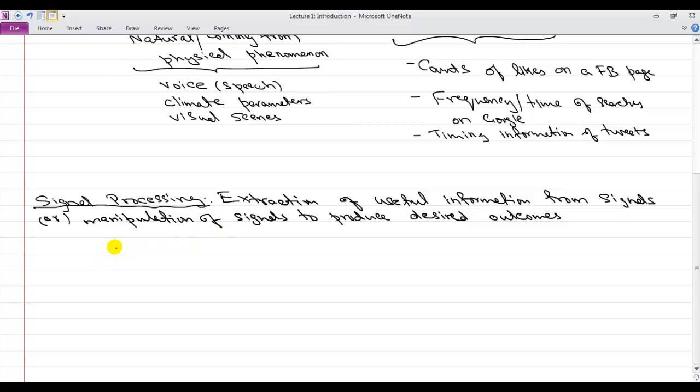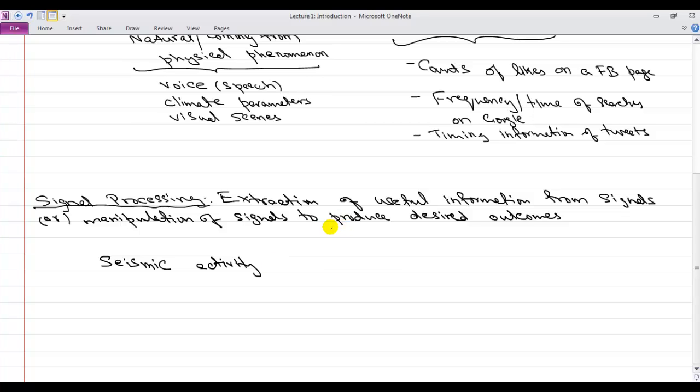So if you are into studying earthquakes, for example, then one kind of signal will be seismic activity. You have seen all those movies where, you know, an earthquake is coming and they start moving those needles, right, they are measuring earth vibrations. That's seismic activity. Okay, so that's a signal.